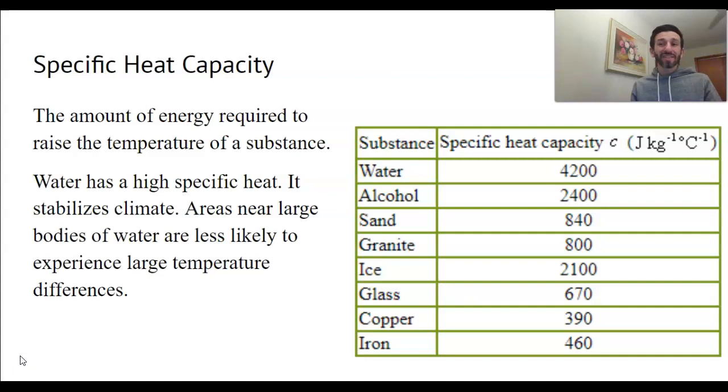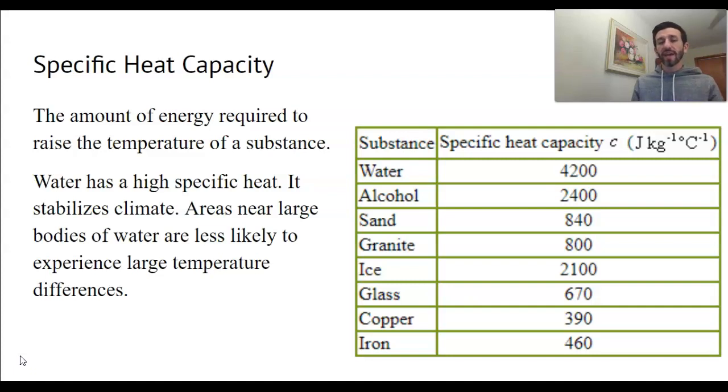Liquid water actually has a very high specific heat. It takes a lot of energy to heat up water, and it loses energy slowly, okay? As opposed to metal or asphalt or cement, which heat up a lot more quickly than water, and also lose their heat fairly quickly, okay?